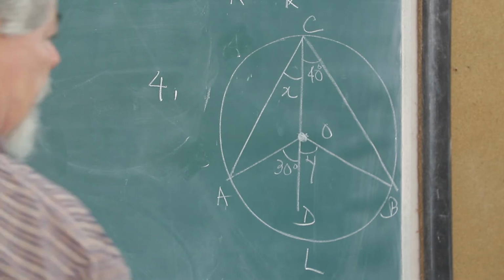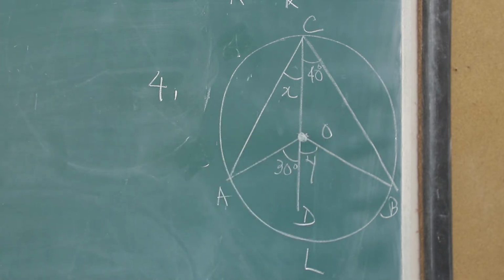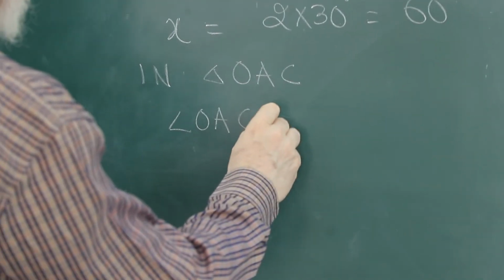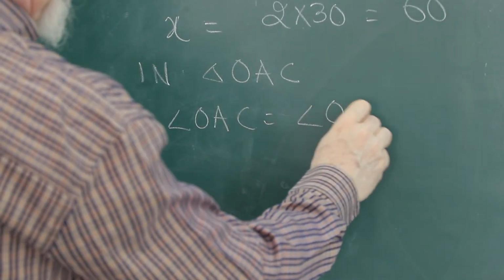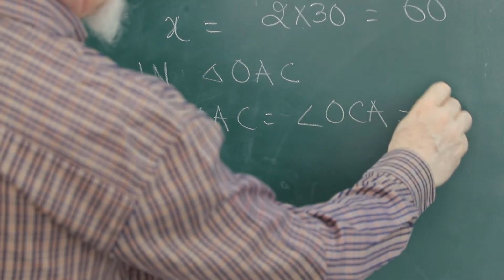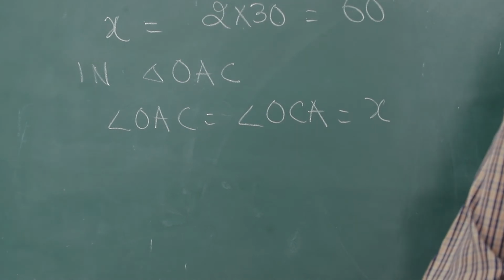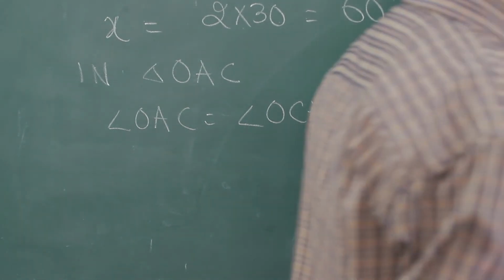Please understand that in triangle OAC, I would say angle OAC is equal to angle OCA is equal to X. Why?